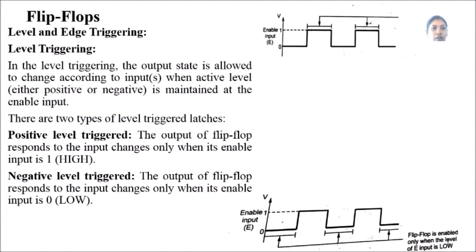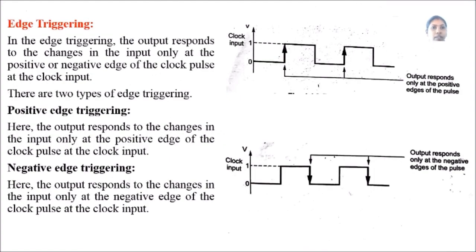Level triggering has two types, positive level trigger and negative level trigger. In positive level triggering, the output will respond only when the level is high. In negative level triggering, the output will respond to the input change only when the level is low, that is 0. Coming to edge triggering, the output responds to the input only at the positive or negative edge.